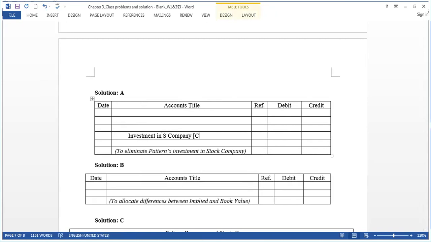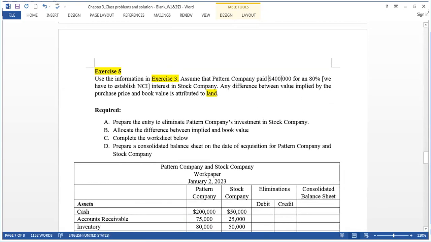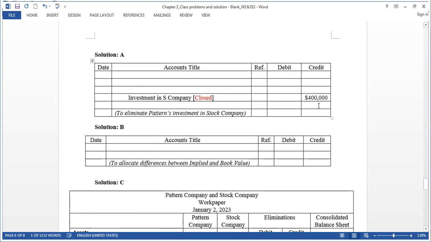So this is closed. Not all accounts are going to be closed, but the investment is. How was our investment? According to this question, the investment is $400,000. The question said now assume that our investment is $400,000. Okay, we close our investment with a credit.